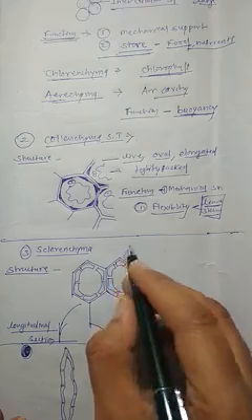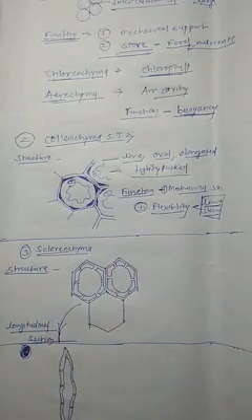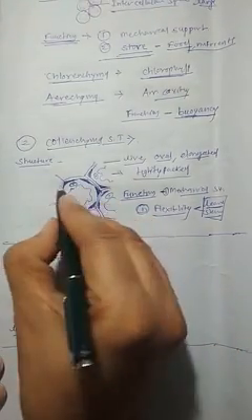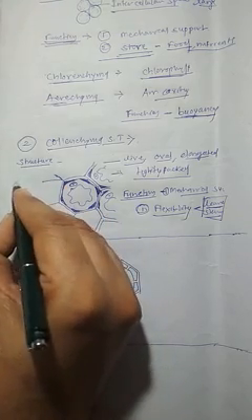Now sclerenchyma. This is the structure; we can name the parts. This is the cell wall.